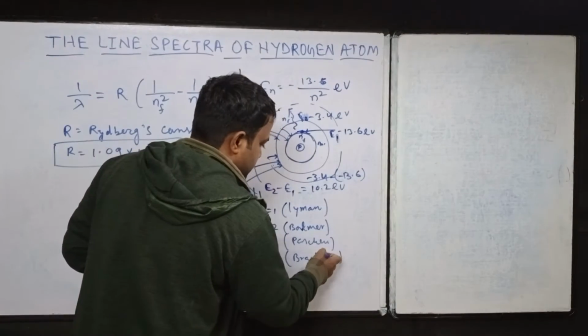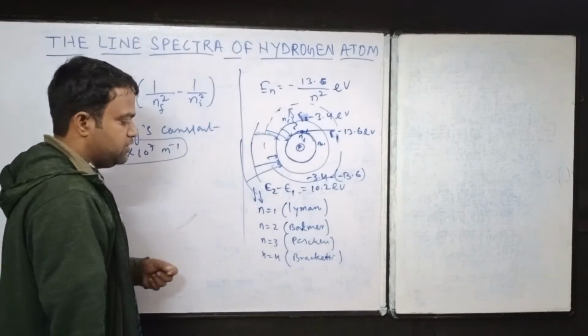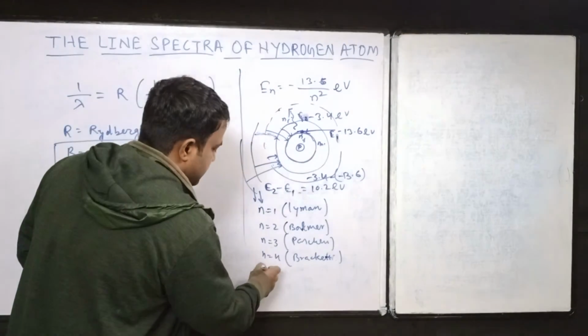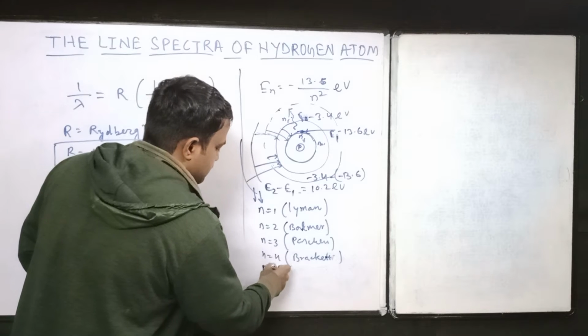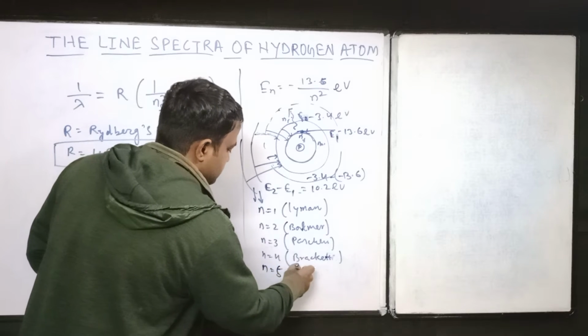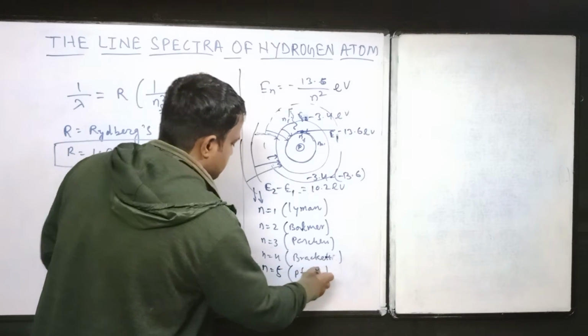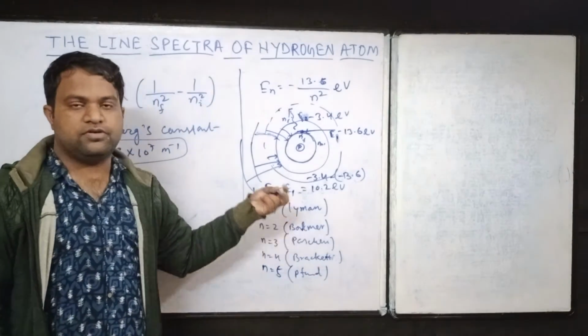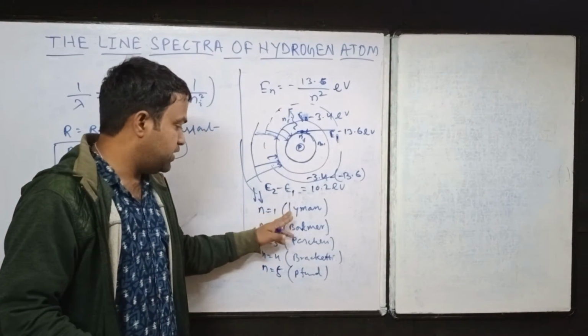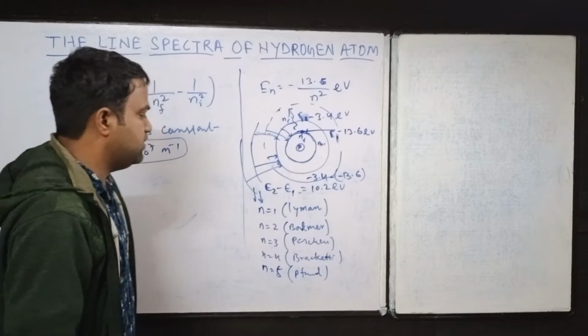So this is the Brackett series, right? And n equal to 5 is the Pfund series. So if you want to remember it, LBP, like that you can remember.